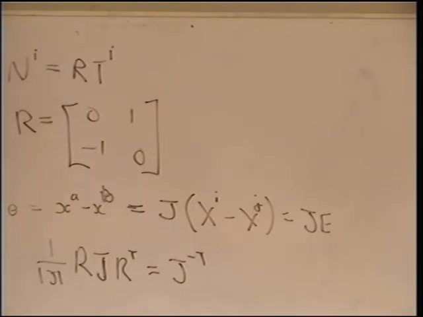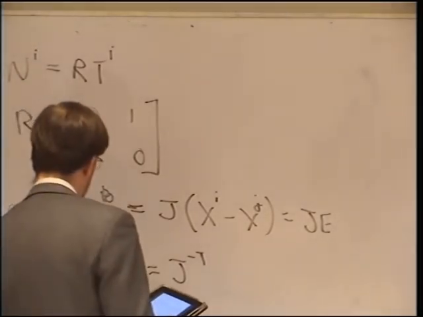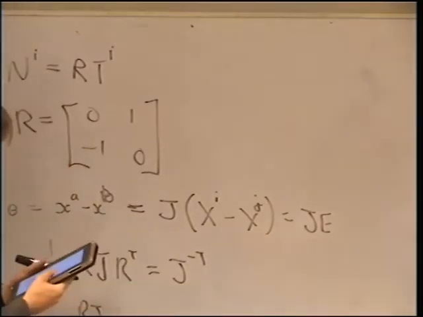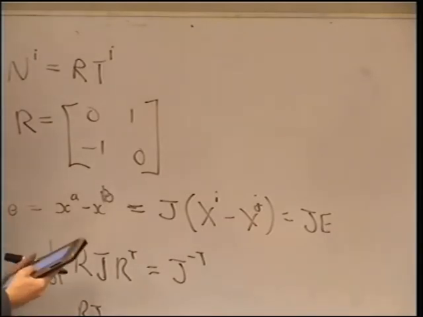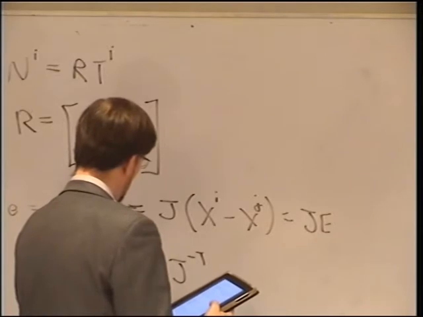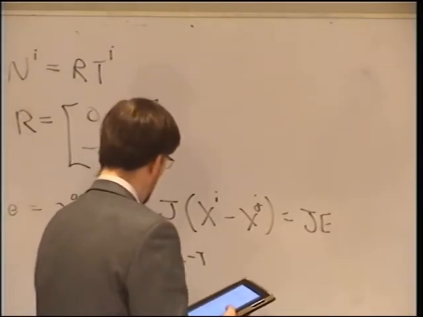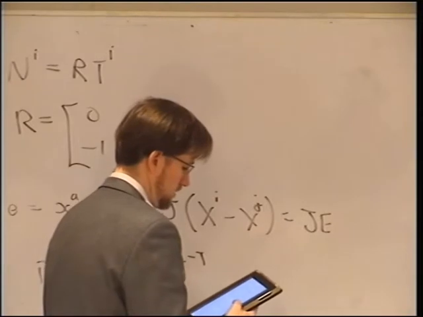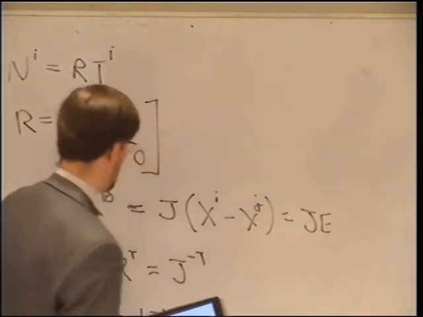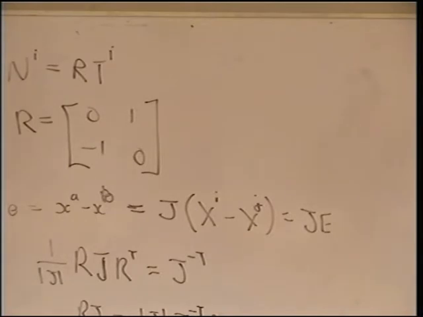If you just write out what the inverse is, then that falls out. It's just a simple matrix identity, and from that you know that the rotation applied to J is equal to det J times J minus T times R. R and RT are each other's inverses, so that was just a rearrangement.